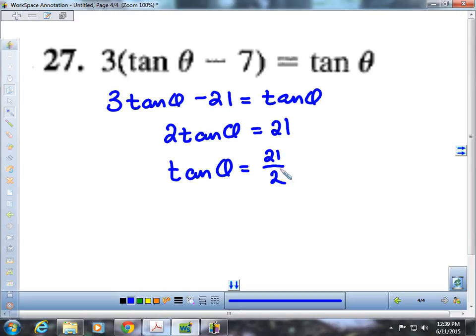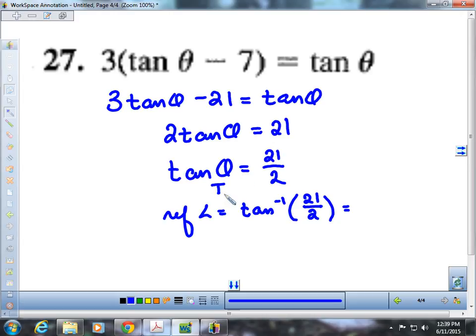How are we now going to undo the tangent? The inverse tangent. So we're going to find our reference angle. And our reference angle is inverse tangent 21/2. But where is tangent positive? 1 and 3.